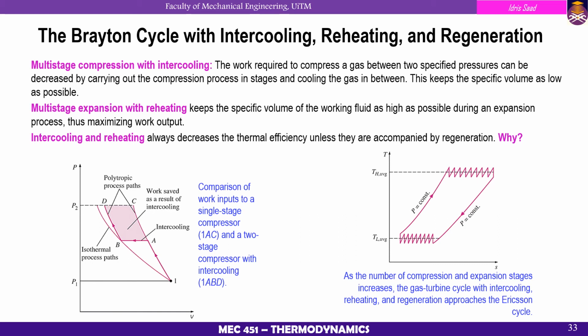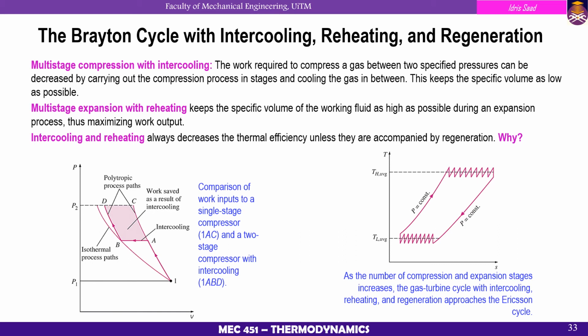In general, the use of intercooling and reheating always decreases the thermal efficiency unless they are accompanied by regeneration. This is because intercooling decreases the average temperature at which heat is added, and reheating increases the average temperature at which heat is rejected.